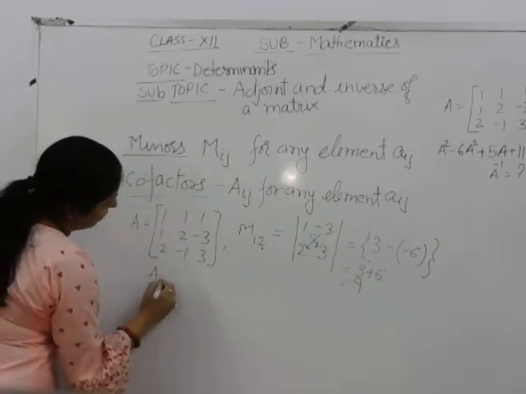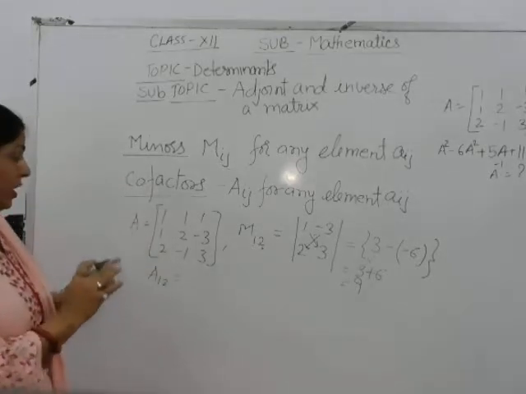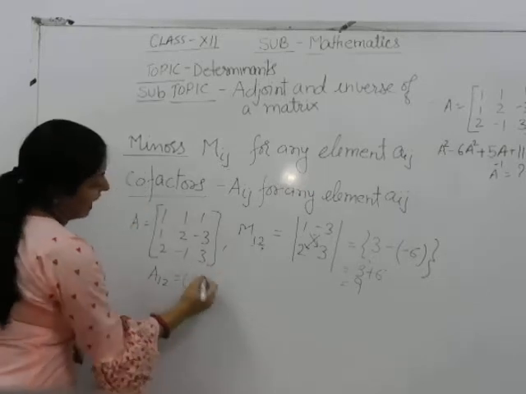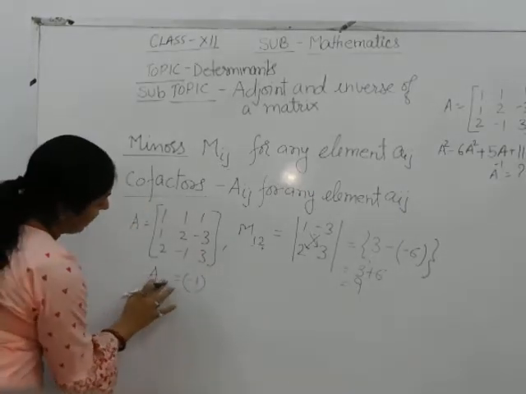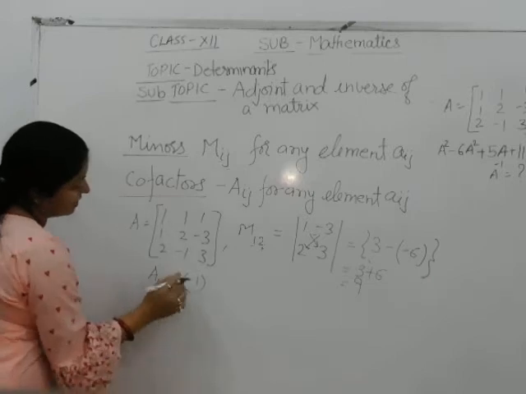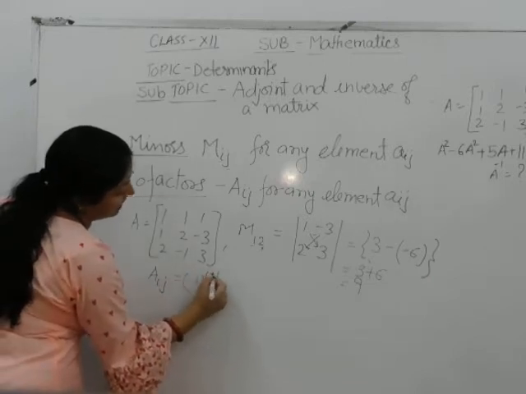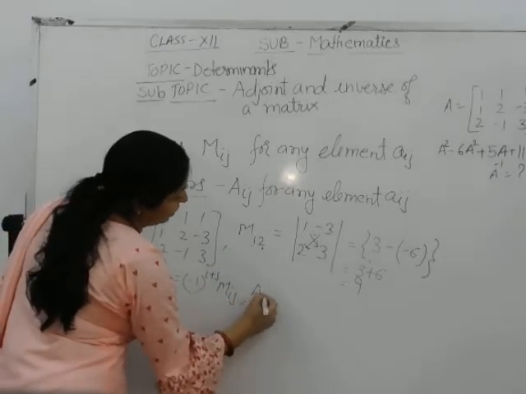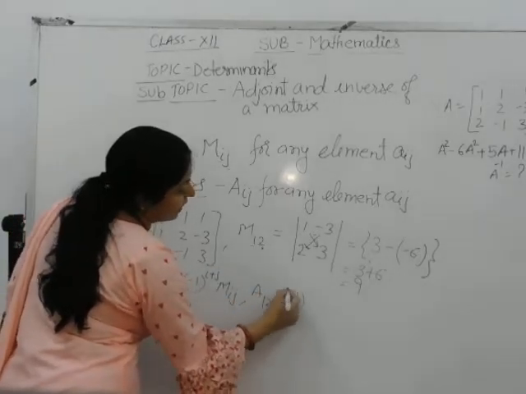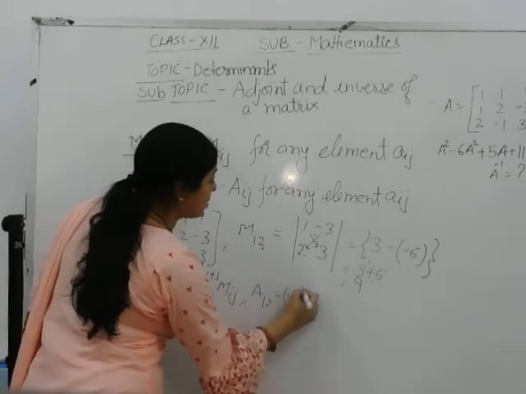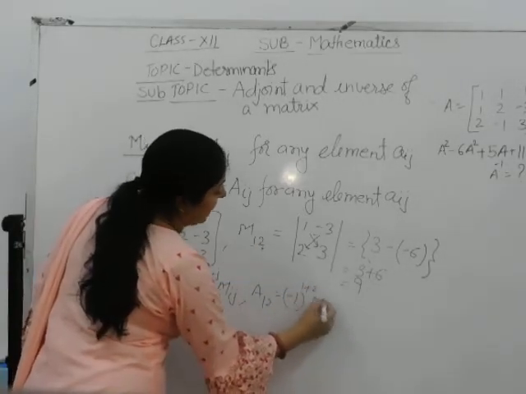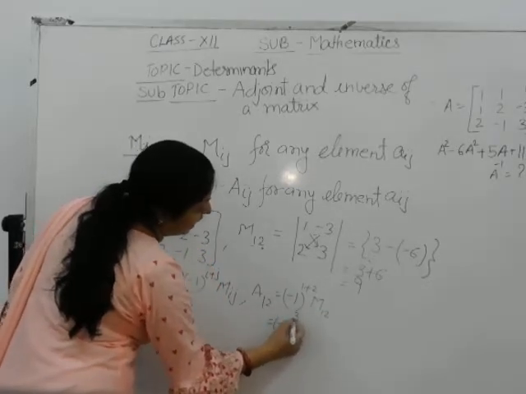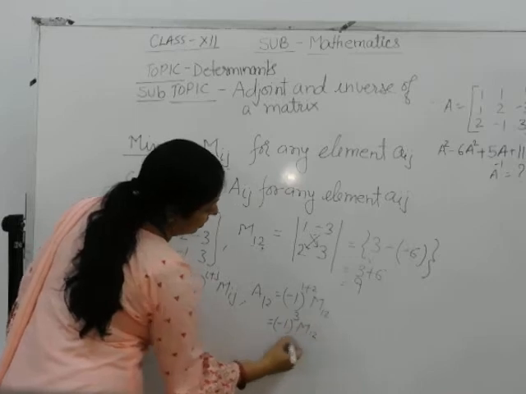For A12, the cofactor is nothing but minus 1 to the power i plus j. So a_ij is minus 1 to the power i plus j into M_ij. For A12 it is minus 1 to the power 1 plus 2 and M12, which is minus 1 to the power 3 and M12.